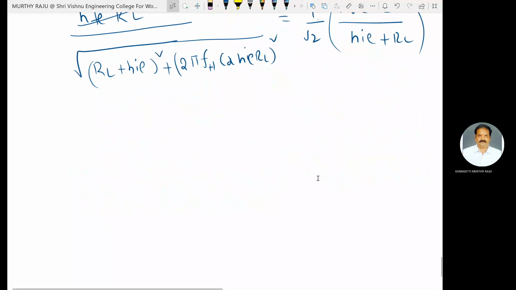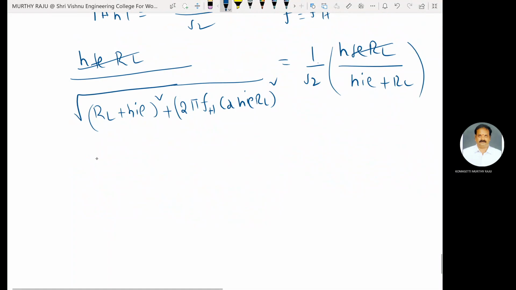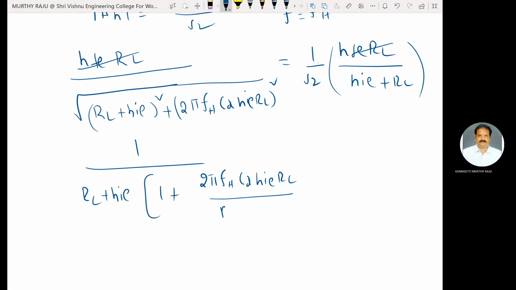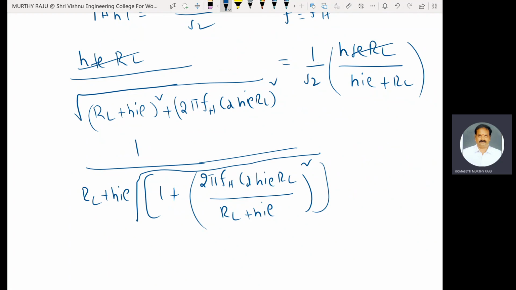Therefore, the common term is 1 by RL plus HIE, and 1 plus 2 pi FH CD HIE RL by RL plus HIE whole square under root is equal to 1 by root 2 into 1 by HIE plus RL.